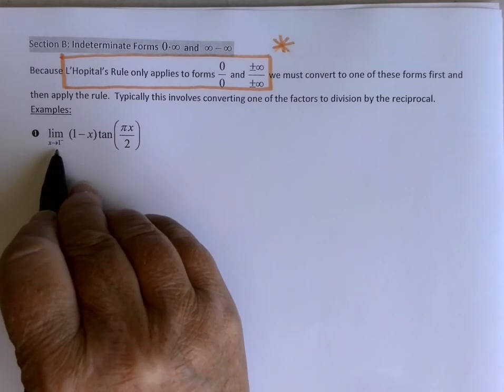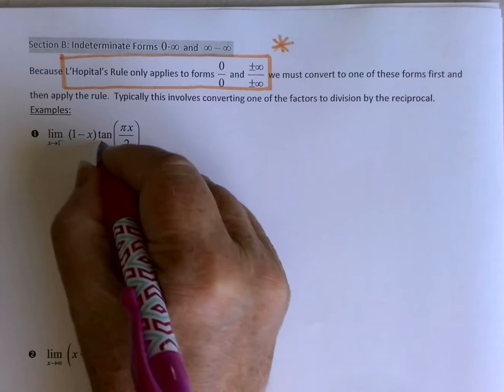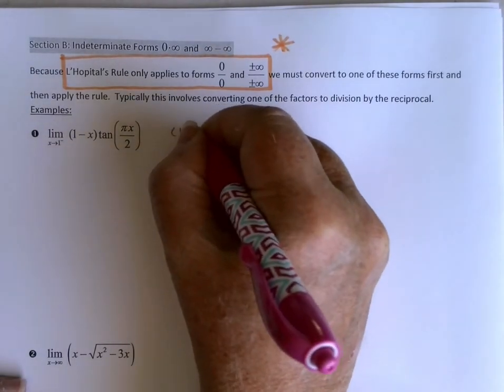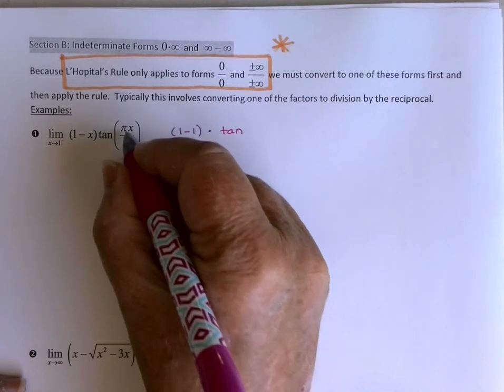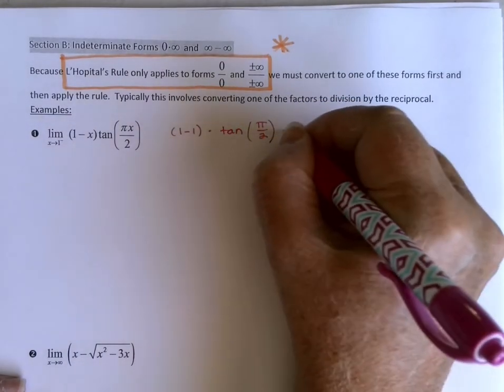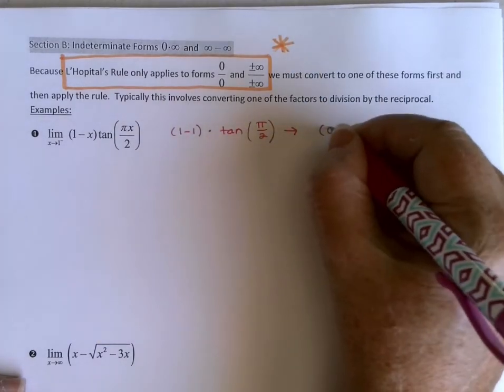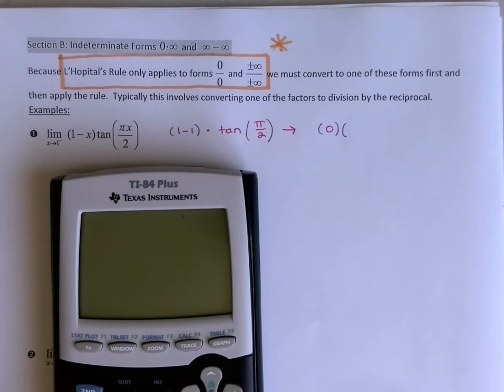Right here, if I try to plug in, I would have 1 minus 1 times the tangent of pi times 1 over 2, or just pi halves. Of course, that's 0. And tangent pi halves, if you're not sure, just take a look at a graph.